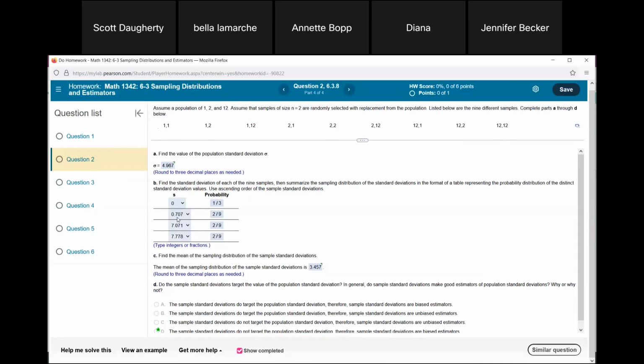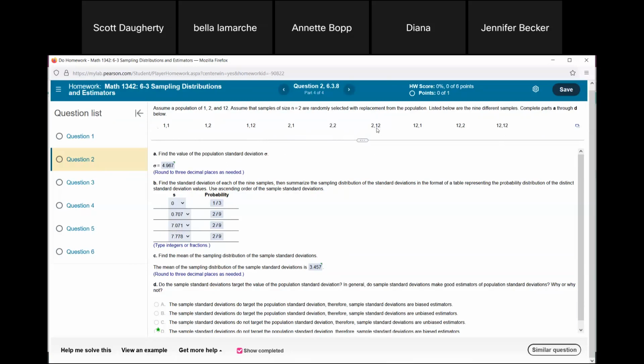And then one of them is 0.707. I guess probably the 1, 2 is the next smallest variation. And that happens twice, 1, 2, and 2, 1. So that's 2 out of 9. And then the next biggest is probably going to be 2 to 12, and that'll happen twice, 7.071.